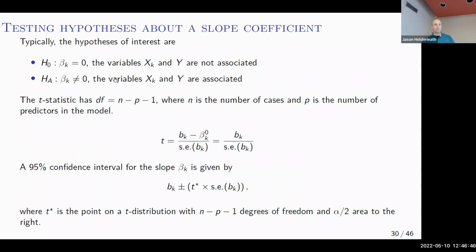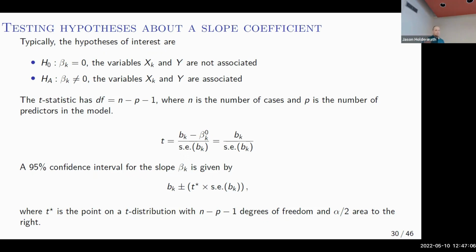So here I have a null hypothesis: is the beta variable equal to 0? That's our null, meaning that there's no association, or alternatively, that it's not equal to 0, that there is an association between the x and y variable.